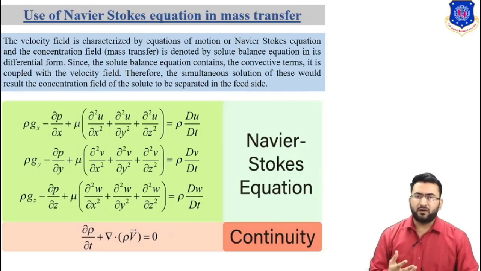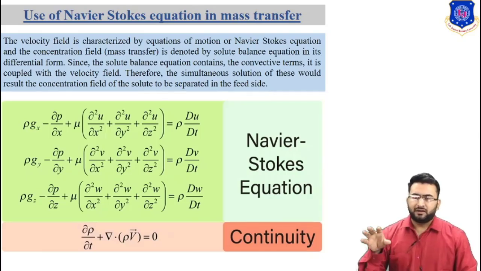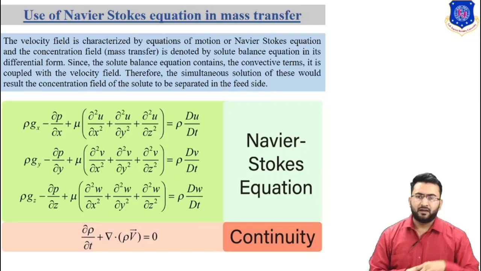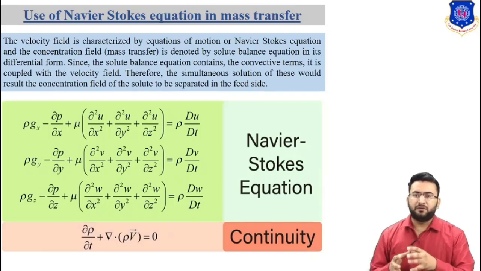In order to have a higher driving force, the interface between the two flowing systems dictates the mass transfer of species, either through the equilibrium relation or a transport law through the interface. To get the mass transfer, the velocity field has to be solved in conjunction. The velocity field is characterized by the equation of motion or Navier-Stokes equation, and the concentration field is described by the solute balance equation in different forms.